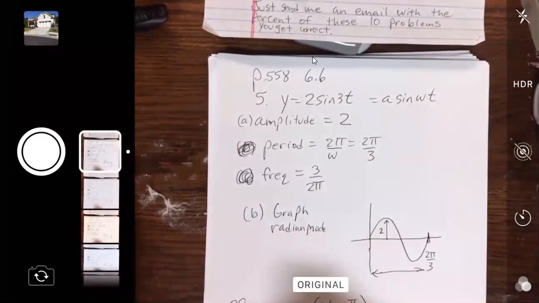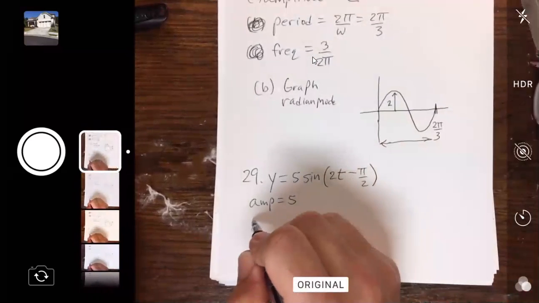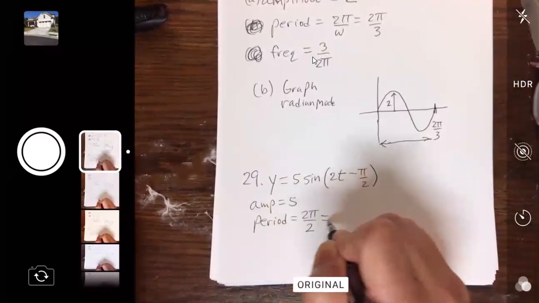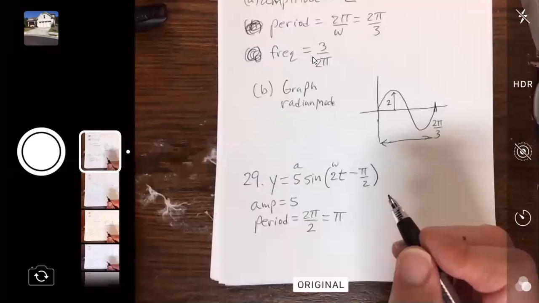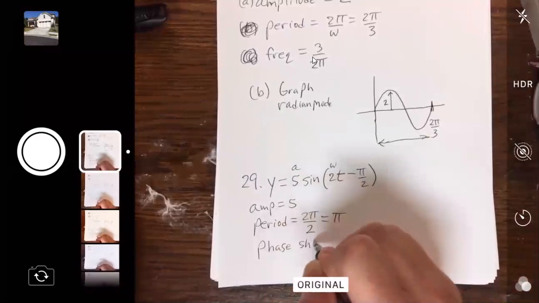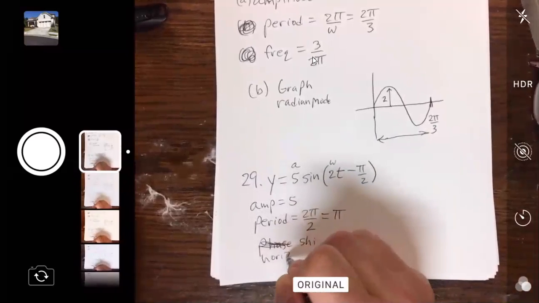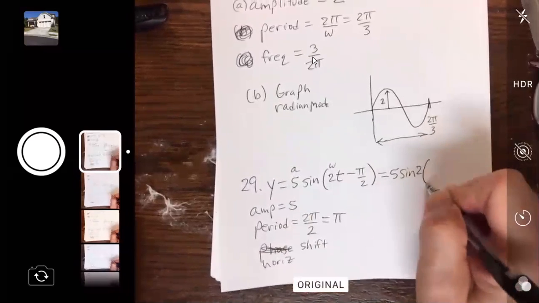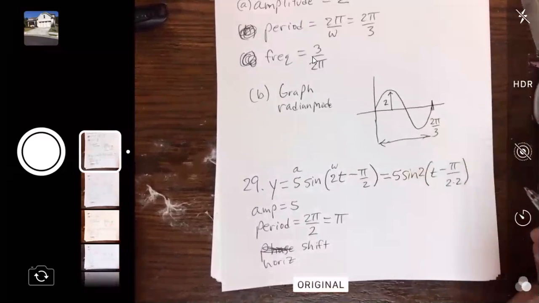Amplitude is 5. Period would be 2 pi over the 2, which would be pi. This is like your K or omega. This is your amplitude A. Phase shift, or horizontal shift as they're calling it: you want to write this as 5 sine, factor out the 2, of t minus pi over, and put the 2 on the bottom.